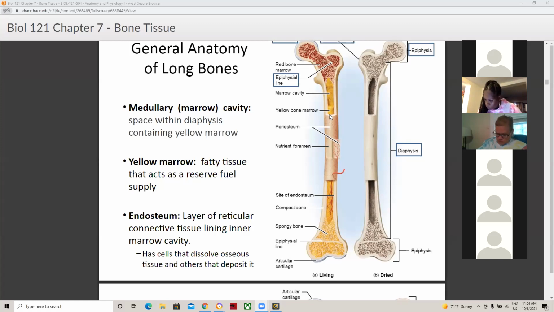The endosteum is a layer of reticular connective tissue that's lining this inner medullary cavity. In the endosteum, there are cells that dissolve the osseous tissue and cells that deposit it. We'll talk about what those cells are called next Friday.